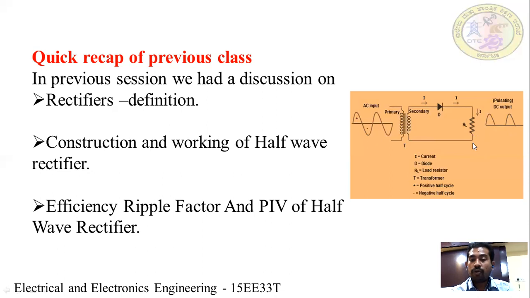This is all about the construction and working of the half wave rectifier. Efficiency is defined as the output power to the input power. The ripple factor: the output of the rectifier is pulsating DC and it contains some AC content.